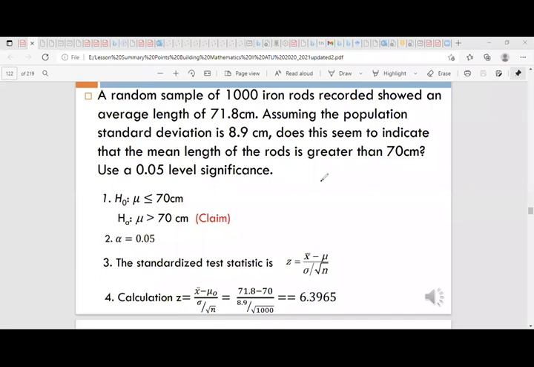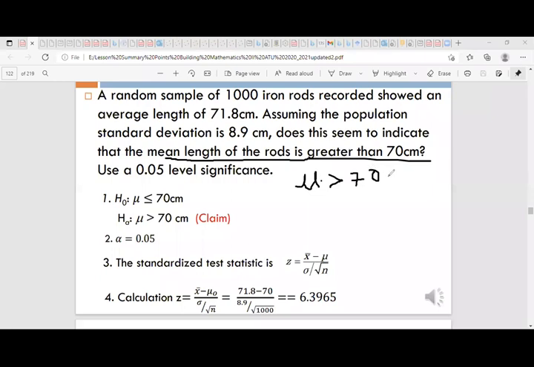Let's continue. So like we said, we are interested in testing whether the mean length of iron rods is now greater than 70 centimeters. You write the statement that mean is greater than 70 centimeters.